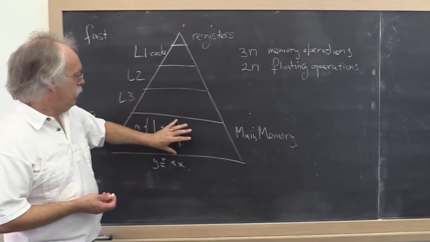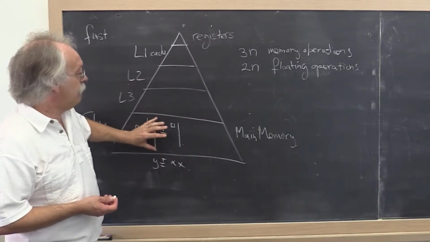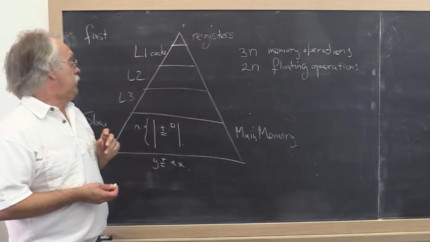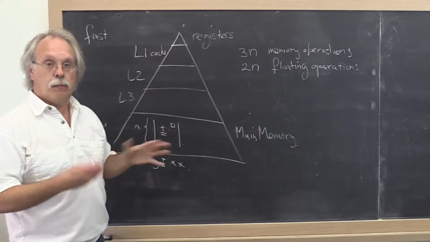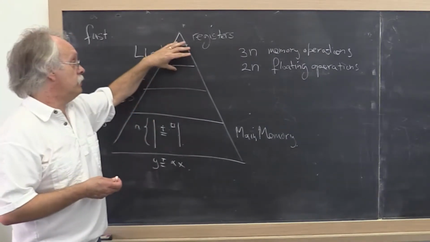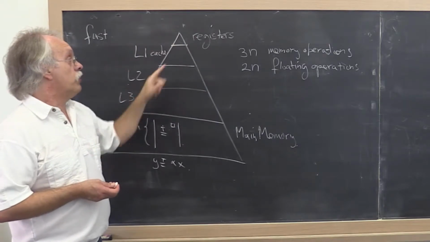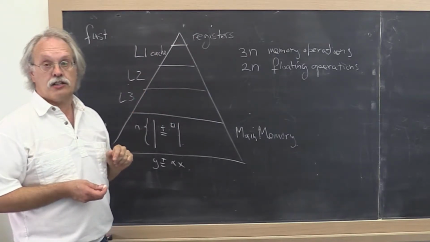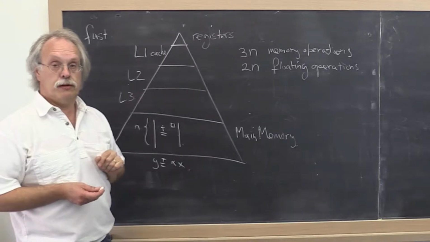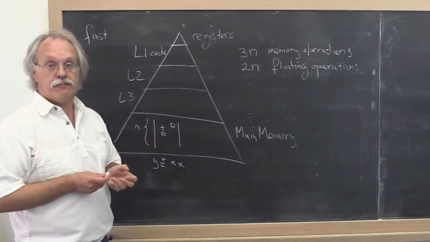So the idea is you can take data out of main memory, store it in, say, the L1 cache, and compute with it much faster because data can be brought into registers from the L1 cache much faster than from main memory. And then hopefully everything is fine.